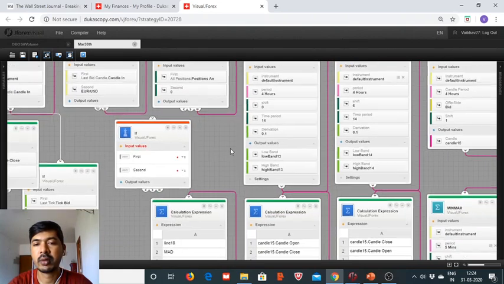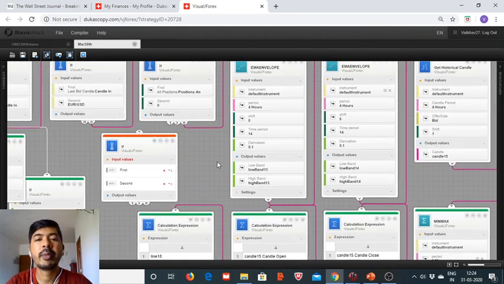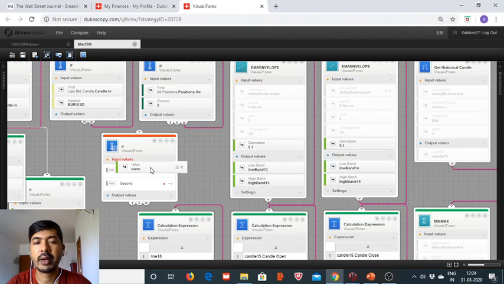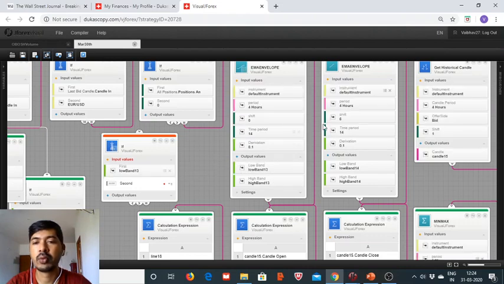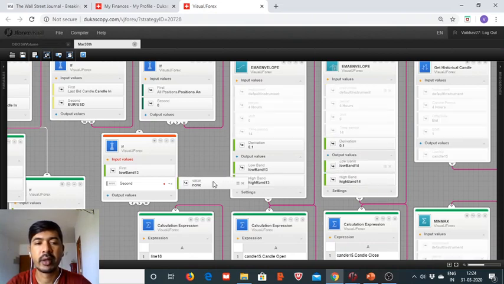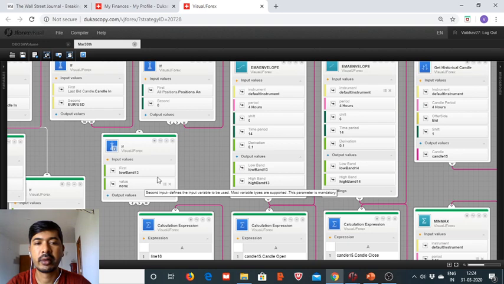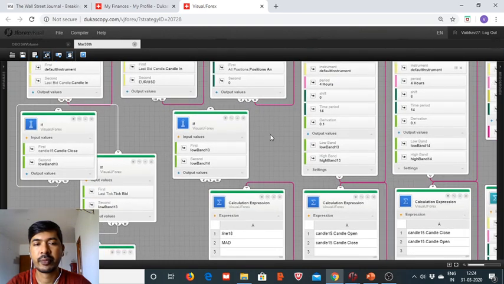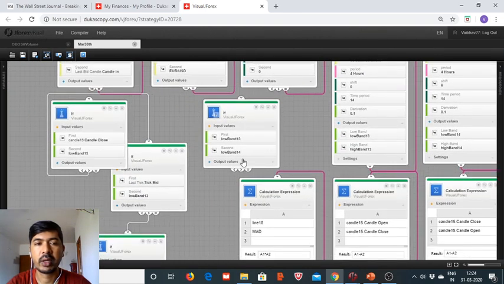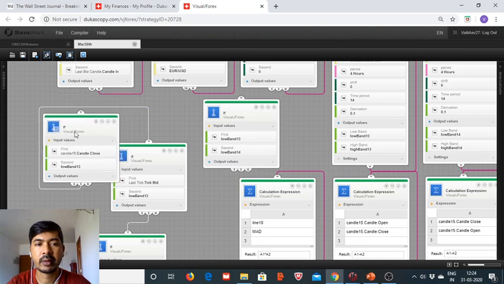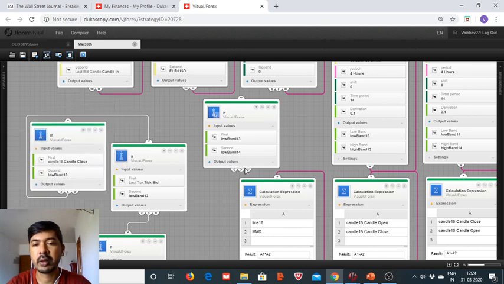So here we compare the current lower band to the lower band of 6 candle periods back, and here we want it to be greater.